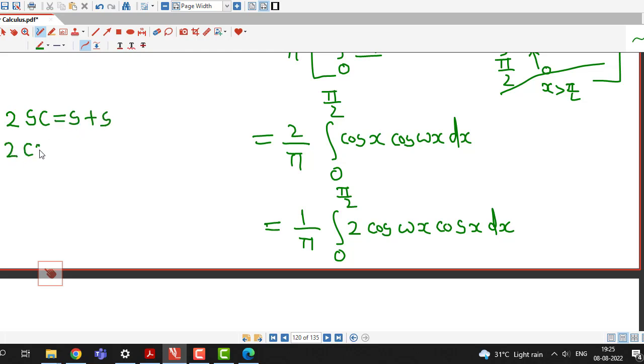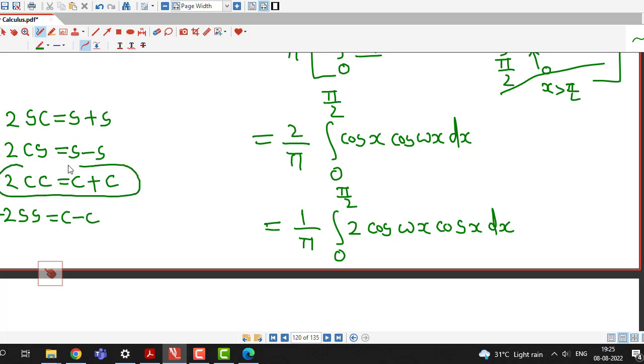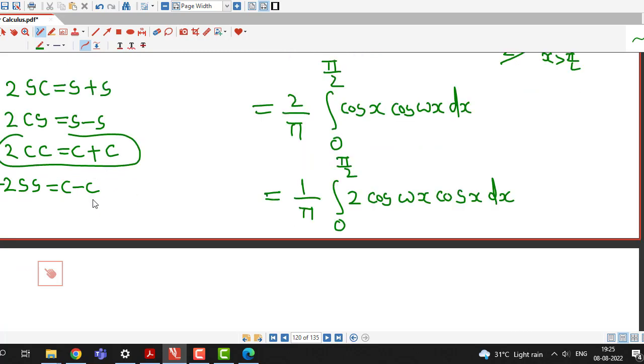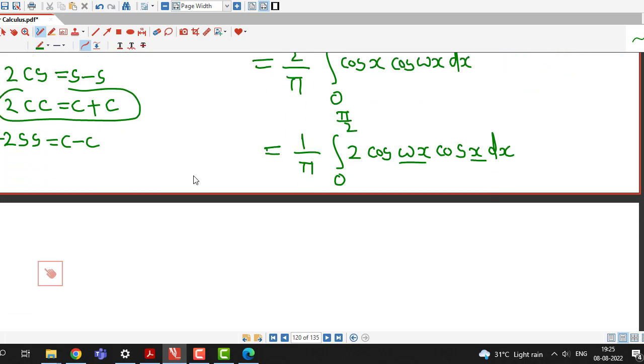If I have 2 cos sin, I will write sin minus sin. If I have 2 cos cos, I will write cos plus cos, and if I have minus 2 sin sin, I will write cos minus cos. So I am using this formula with alpha equal to omega x and beta equal to x. So 2 cos cos equals cos plus cos.